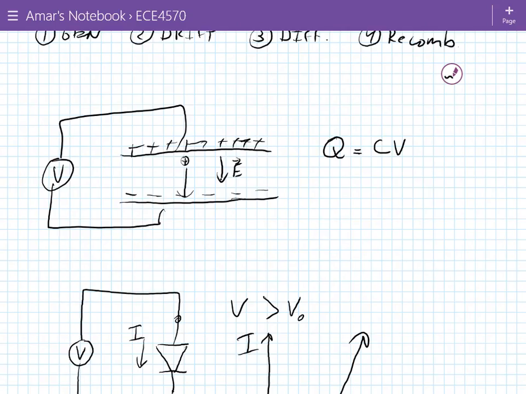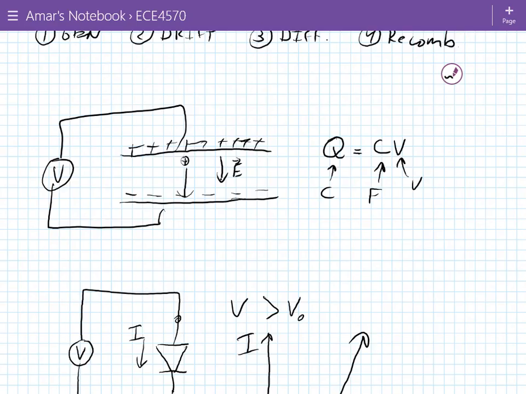Q is the number of charges, C is the capacitance, and V is the voltage. The voltage is the voltage put across the capacitor. C is the capacitance of the capacitor given in farads. This is in volts. And Q is the amount of charge.